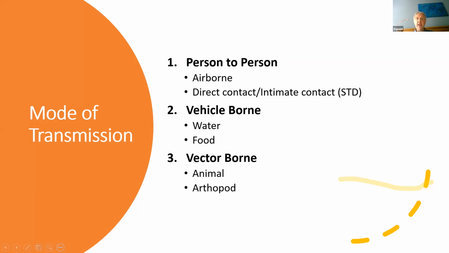The third way you get an infectious disease is through vectors. So something carries it to you. It can be an animal, and the plague, Yersinia pestis, which causes the plague, was carried by the rat, which carried a flea, which carried the Yersinia pestis, the bacteria.